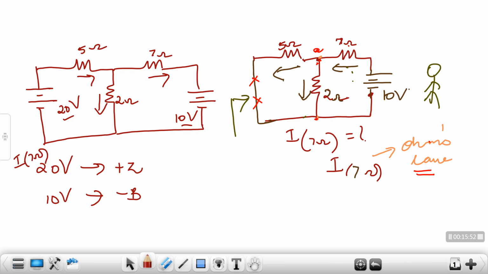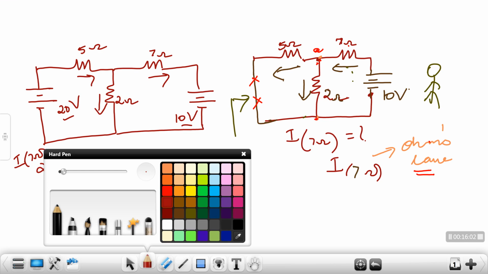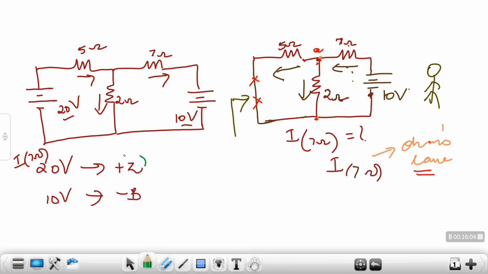Your job was to find the current in the 7 ohm resistor when both the sources are acting simultaneously. So how do you get that answer? Whatever values you have got, plus Z because of 20 volts, minus B because of 10 volts, you have to algebraically add, meaning plus Z and minus B.